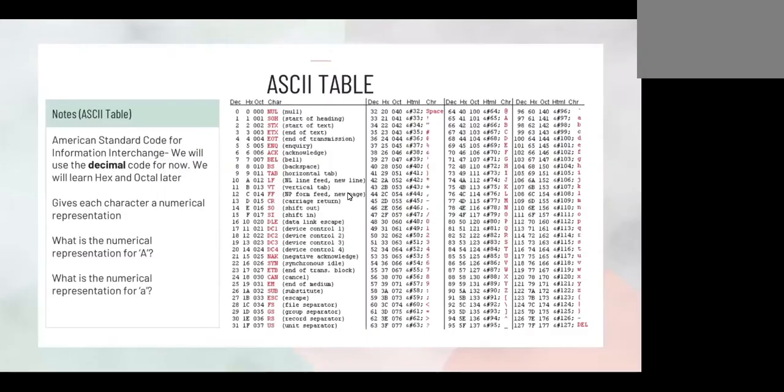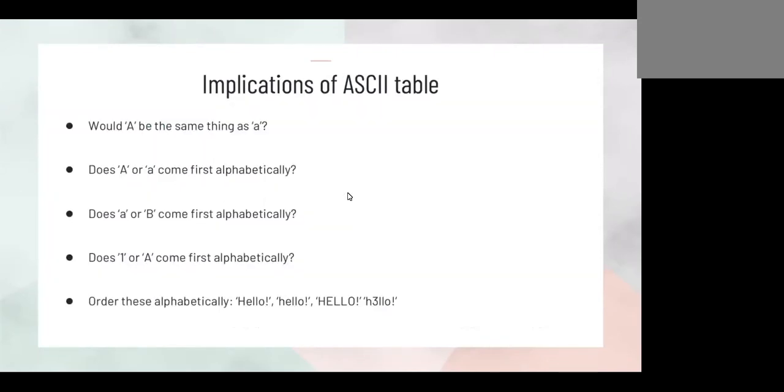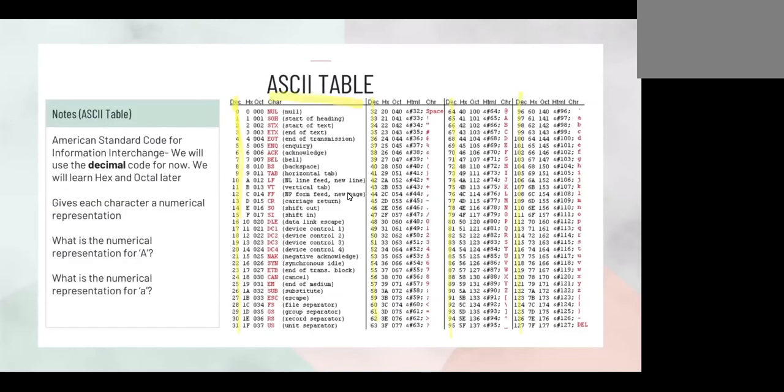And now I want to introduce what we call the ASCII table. So ASCII, we are just going to introduce it today, and then in 2021, that's when we are going to go over a little bit more about the ASCII table. So for now, I want you to focus only on these columns right here that I'm highlighting. The columns that say decimal, so DEC, focus on that column, and also focus on the column that says char.